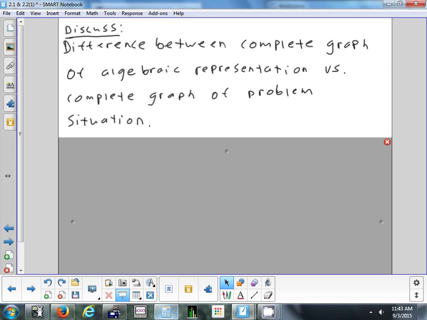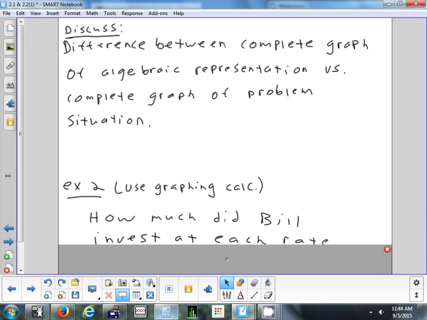A lot of times when we do that, we cut some things off. A lot of times when we have a real word problem, we cut negatives off. If we're talking about time, usually negative doesn't make sense. If we're talking about money, sometimes negative doesn't make sense. It depends on the problem. But just keep in mind what your window should be here.